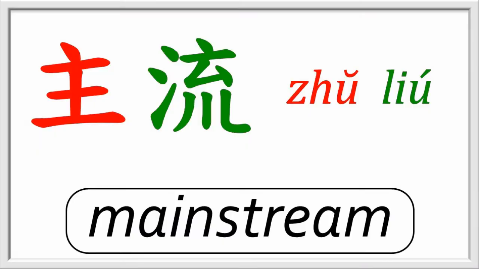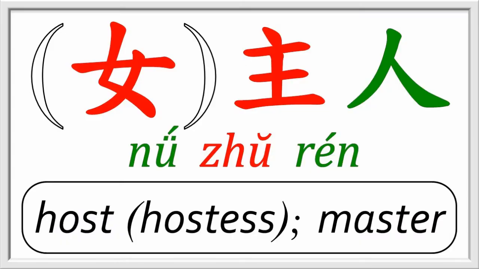The expression for mainstream, as in mainstream media or mainstream culture, is a direct translation, 主流. When referring to a host at a formal dinner, or a master and his dog, the appropriate expression is 主人, or its feminine counterpart, 女主人.